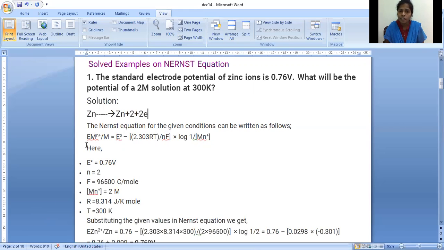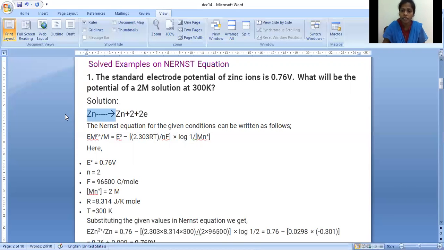But what is the Nernst equation? E is equal to E naught minus 2.303 RT by NF log K or Q. So what is K here? Products concentration divided by reactants concentration. But here we have seen the reverse reaction, that is Mn plus giving rise to M. The reactants are Zn plus 2 electrons and the product is Zn.